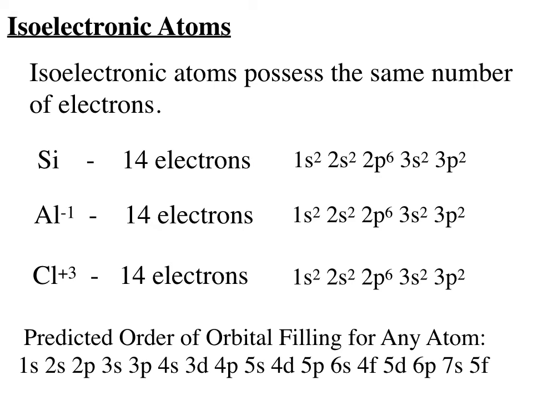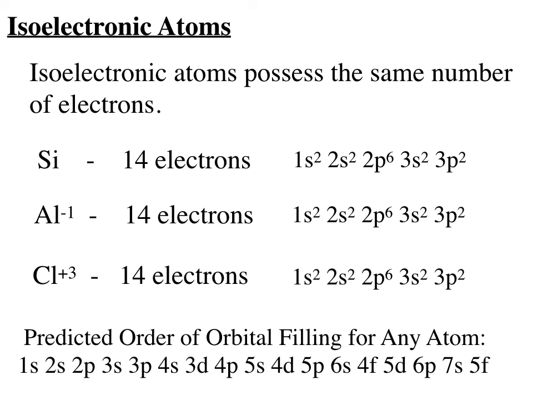Now remember, the nucleus of chlorine still has 3 additional positive charges, so that's going to put the locations of the 14 electrons on chlorine +3 in different spots than the location of the 14 electrons of silicon, as well as the 14 electrons of aluminum -1.